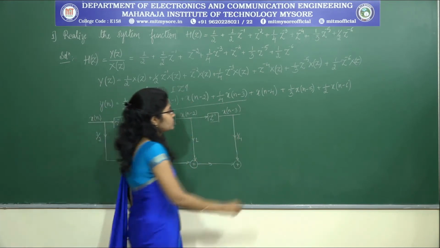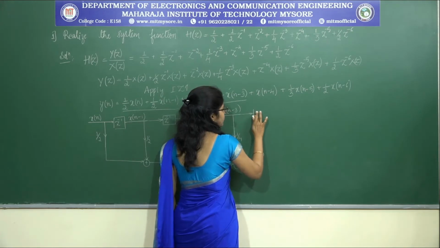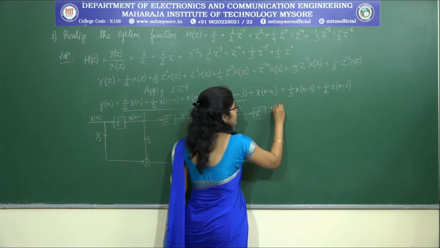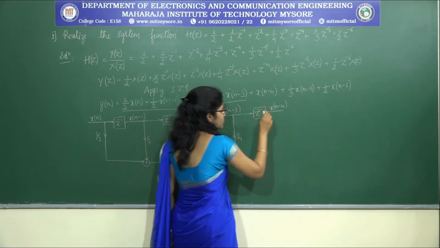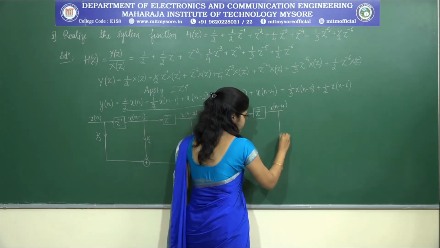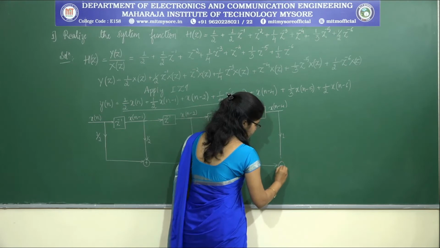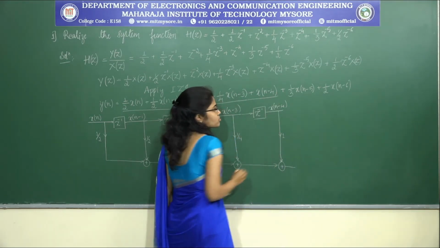Now the next term is x(n-4). Delay this once, which gives us x(n-4). This has to be multiplied with coefficient 1 and given to an adder. We completed this also.